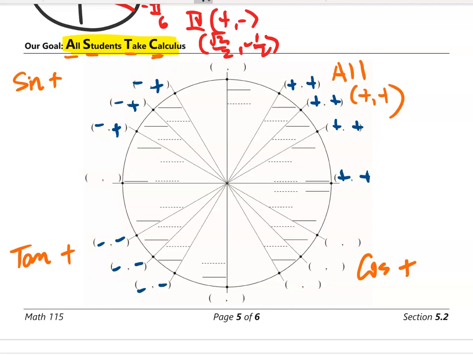And in quadrant 4, cosine is positive and sine is negative. So always remember to plot your points, then know the reference angle from quadrant 1. This is quadrant 1. And know where sine and cosine are, positive and negative. Okay?